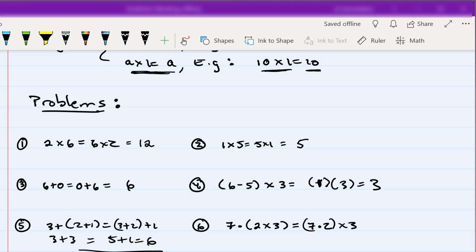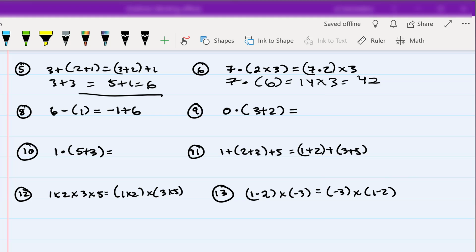Let us look at number 6. 7 times 6 is the same as 14 times 3, which is just 42. Let us move on to number 8. 6 minus 1 is 5, and that is just the same as minus 1 plus 6, which is 5.